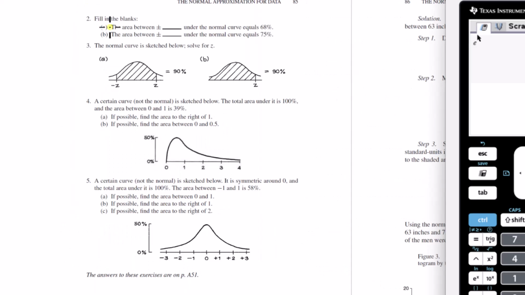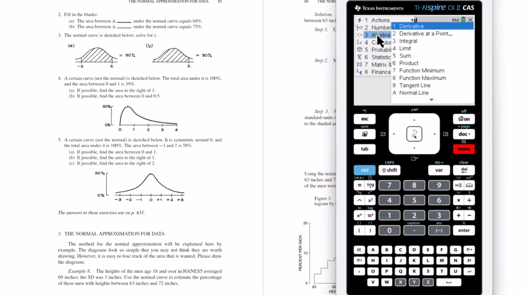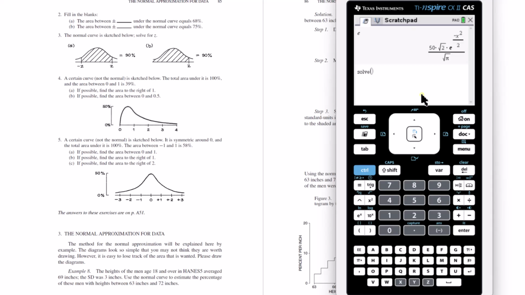So, all right, the area between plus or minus what under the normal curve equals 68%. This is easy. We say it's going to be one number.